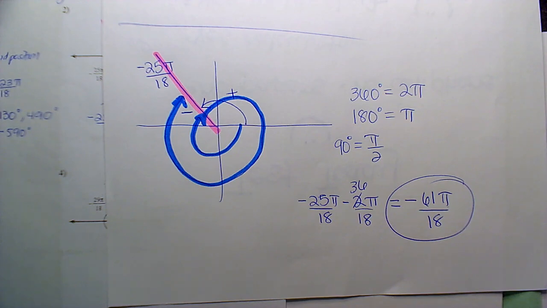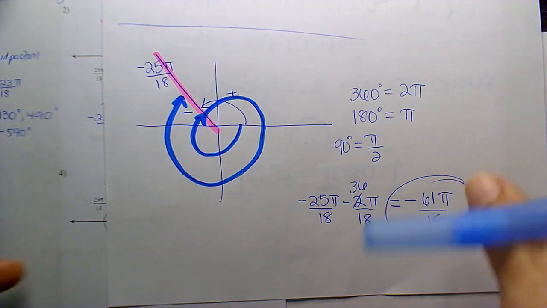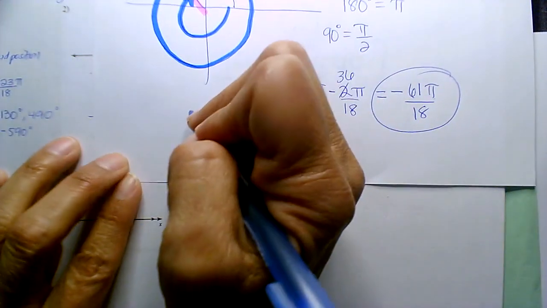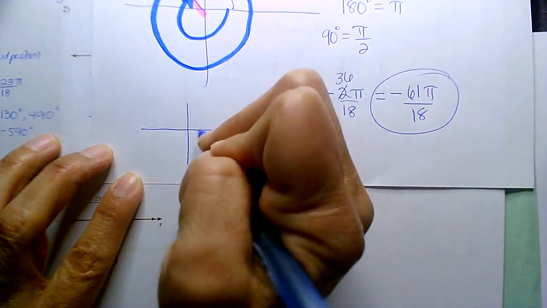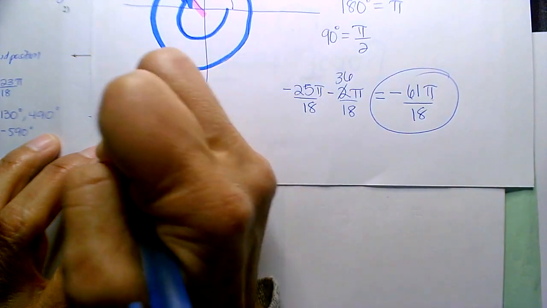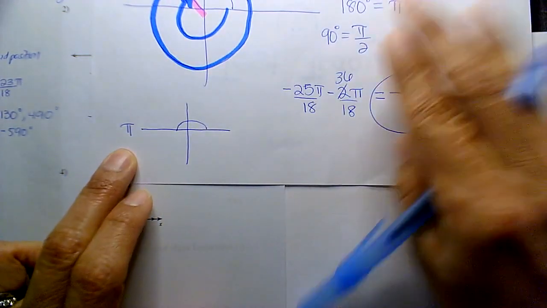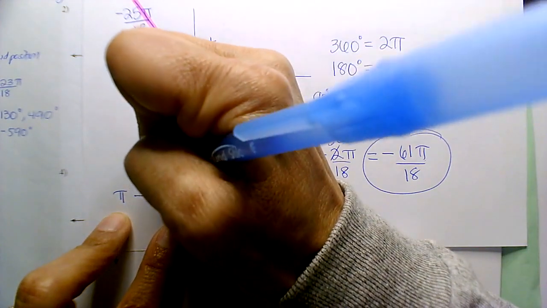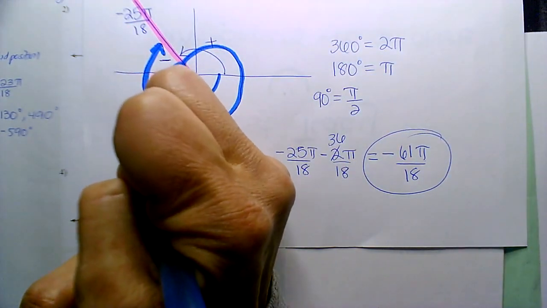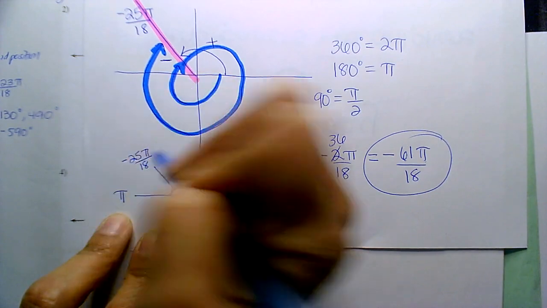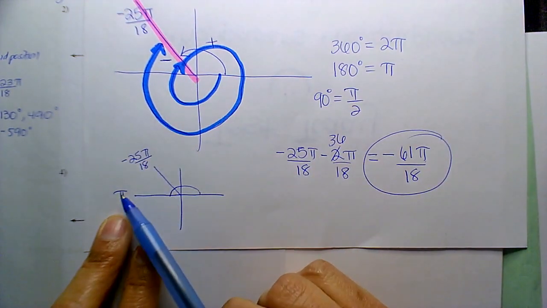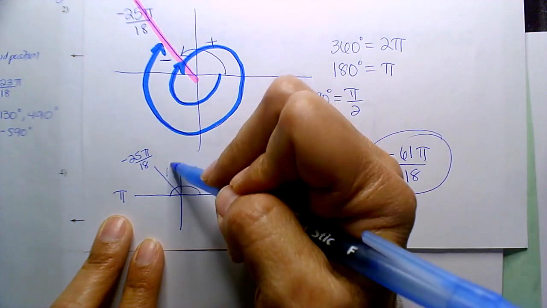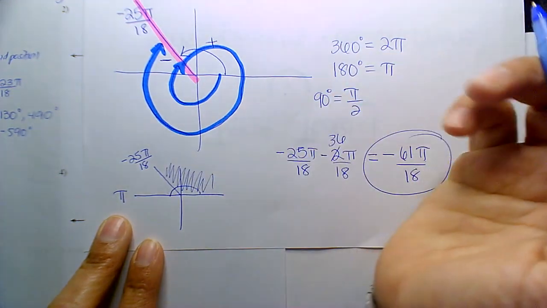So if you just take pi minus 25 pi over 18, you're going to get that terminal side. So here's what I mean. This is pi, because that's 180 degrees. So if you're at negative 25 pi over 18, subtract that from pi, and you will get this angle opening.